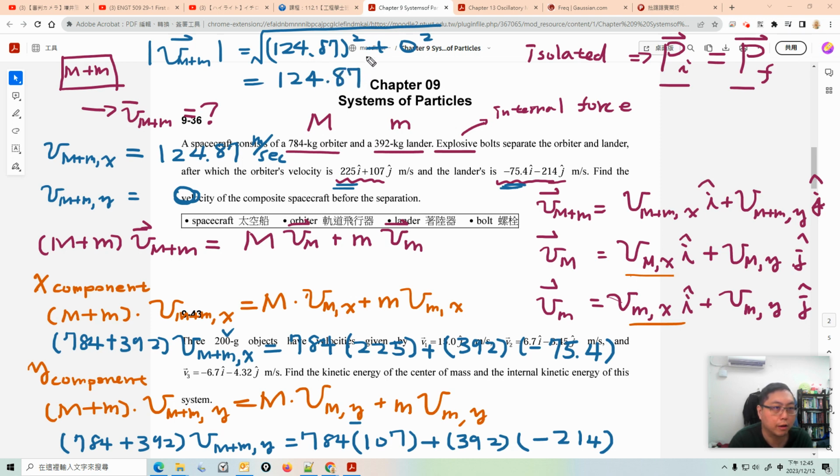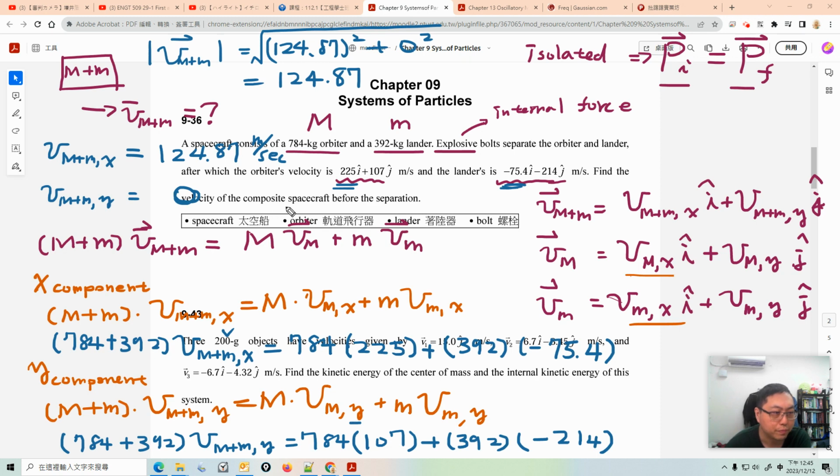The x component squared plus the y component squared, and then take the square root. That's the magnitude of velocity. Just don't forget how to calculate the magnitude of vectors. But in this problem, the y component is 0, so that's very easy. Sometimes you have a zero component, it's just a very simple case.